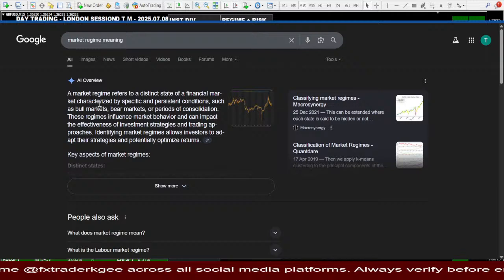Okay, bear market, bull market, and periods of consolidation.